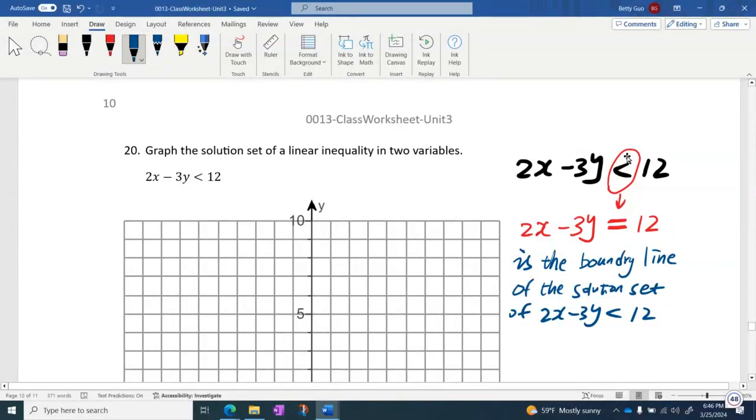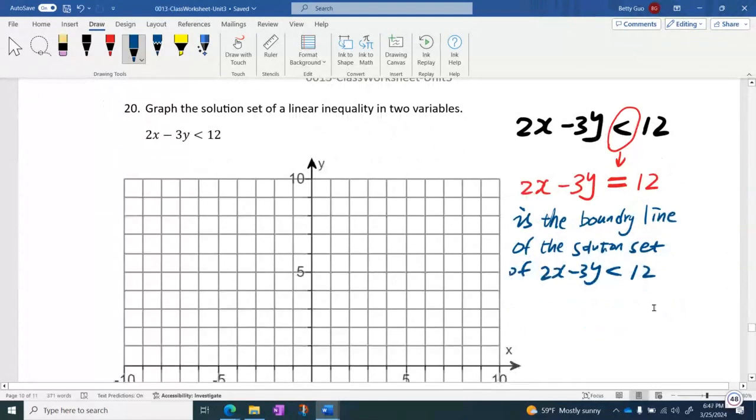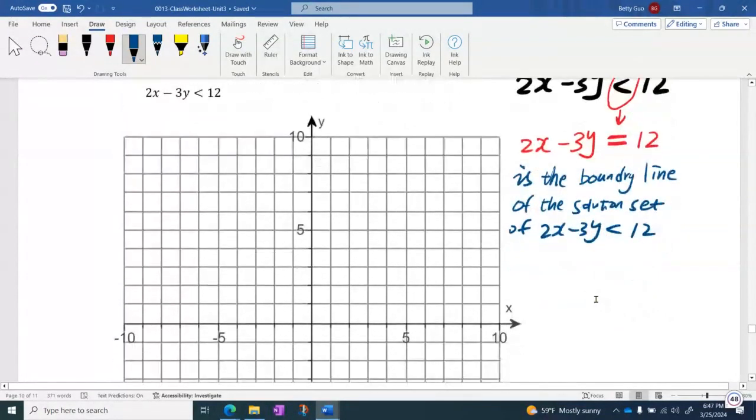Also, you have to get the equation anyway, because we are going to draw the boundary line of the solution set as the first part of the solution. Let's see, how do we graph?